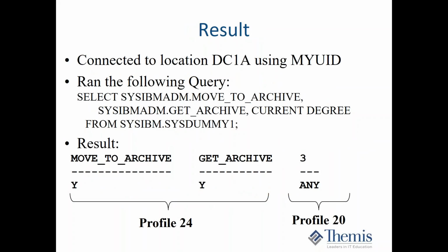Could have been put in there by an IP address. Okay. When I select to see what they're set at from my front-end app, which happened to be Data Studio, I connected in through Data Studio and I did a select. Okay, what is my move to archive, get archive, and current degree settings?